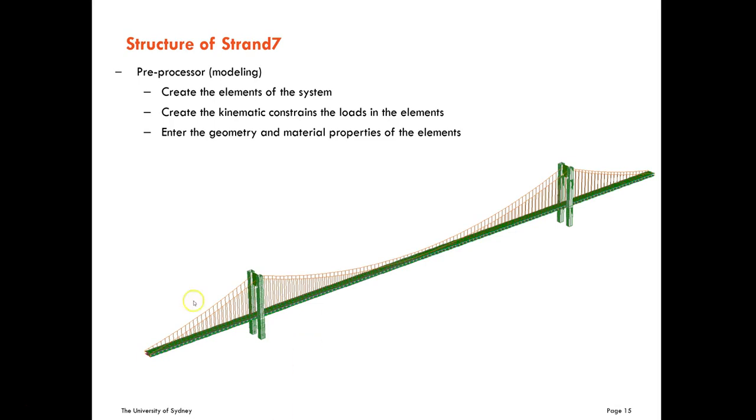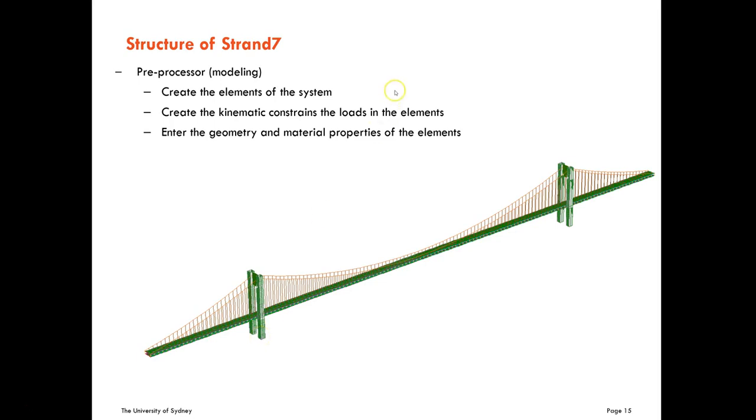In the preprocessor, you can create the elements of the system, the cables, the beams, the plates. Then you have to apply the kinematic constraints and loads on the elements. The kinematic constraints are, for example, in this case, the constraint at the base of the towers. So you impose that the nodes at the base of the towers are fully fixed.